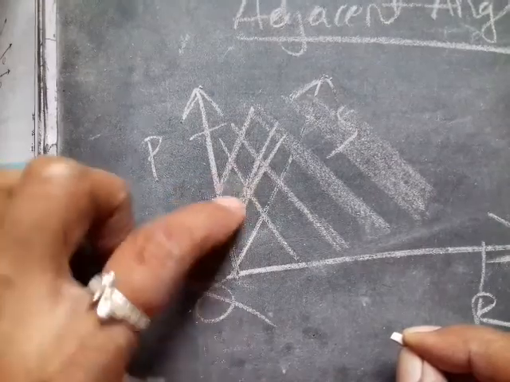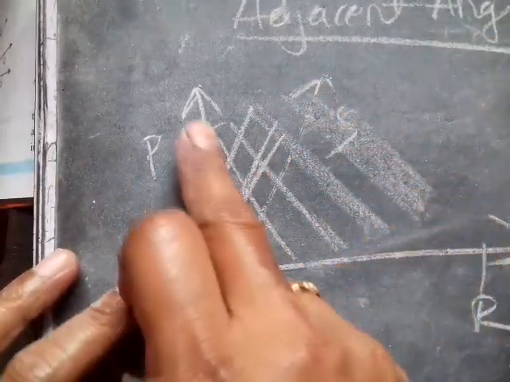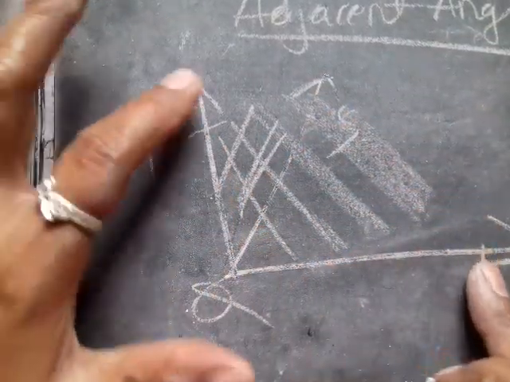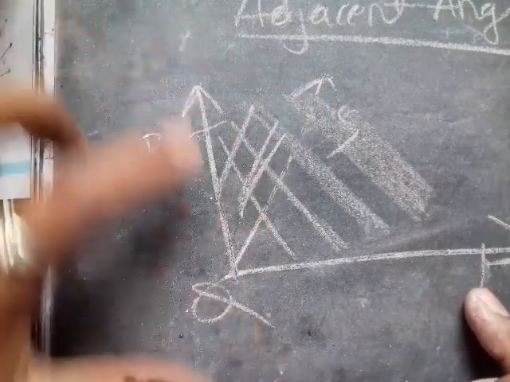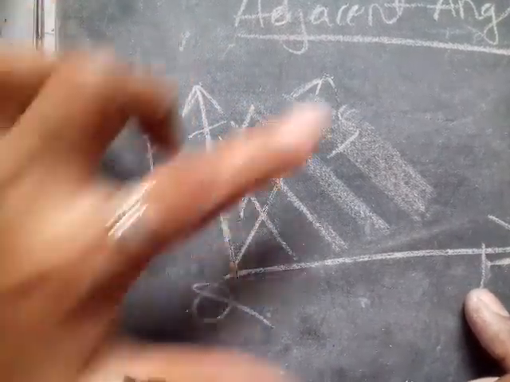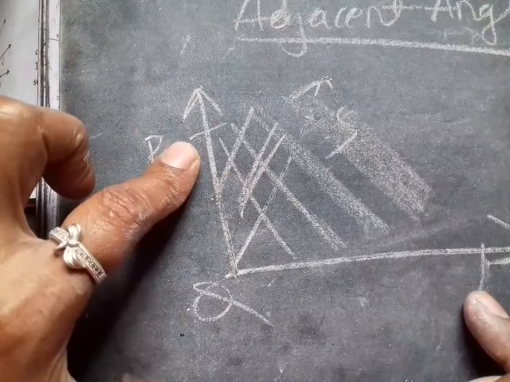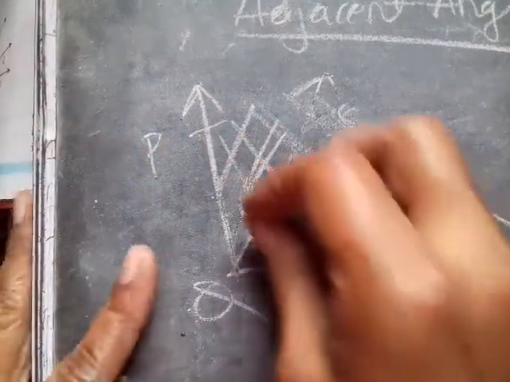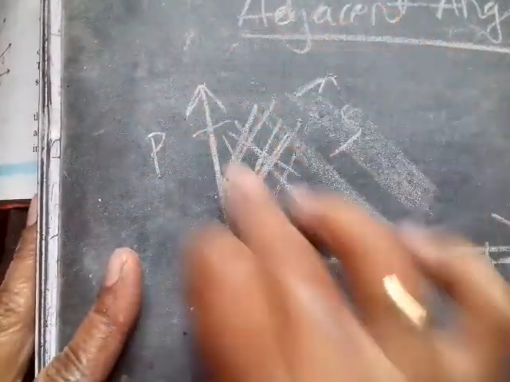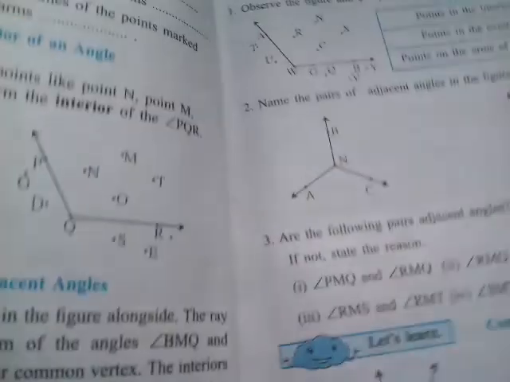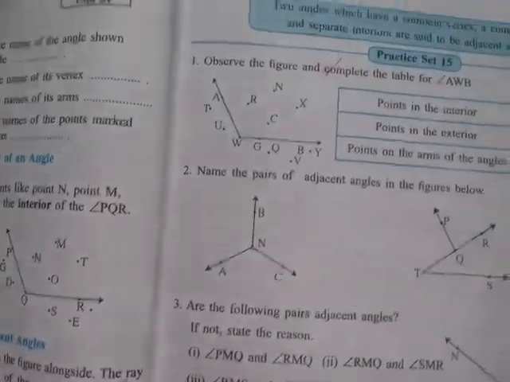PQ is a common arm for PQS and PQR, but the interior is also common, so these two will not become adjacent angles. Understood? You have to be clear about it.